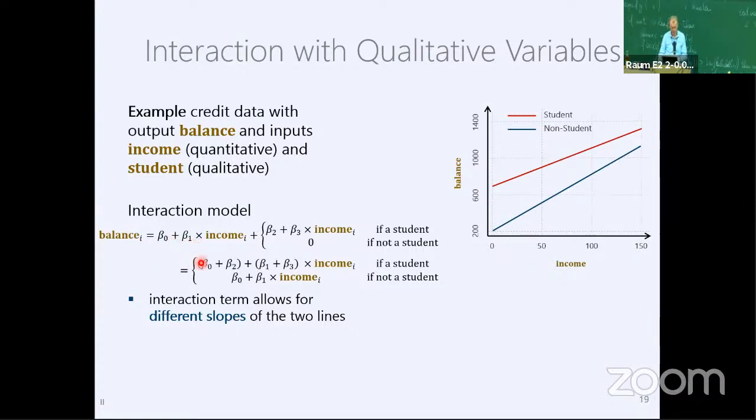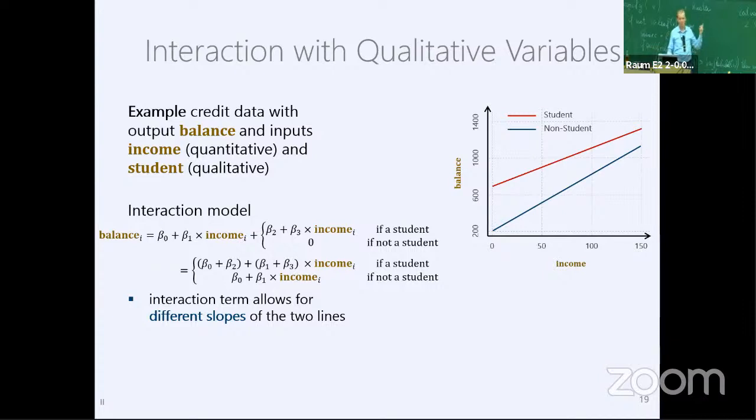So what you then get is a basic line with slope beta 1 for income, and then a second term, beta 2 plus another slope for students. Well, students have less time to work, because they also need to study, so that will adjust the slope. What we now get is something that looks a bit more realistic: we have two lines, because for students, the income does not develop exactly the same as for people who do not study.